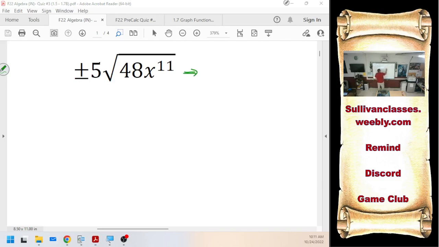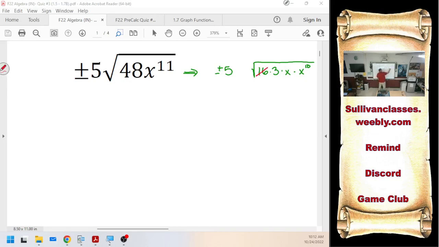I got some kids who are good with their mental math, and they know the biggest perfect square that goes into 48 is 16. And this exponent is not even, so I can't do my cut it in half trick, so I'm going to split 1 x off of the herd and then work with it.